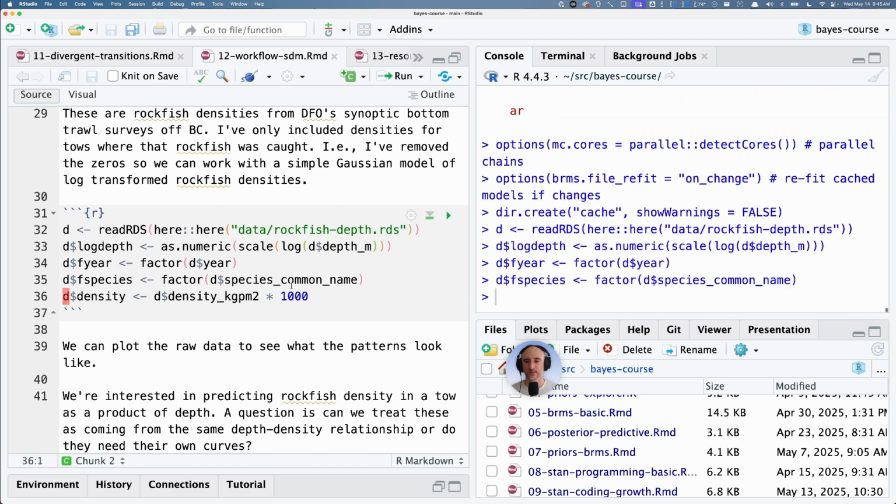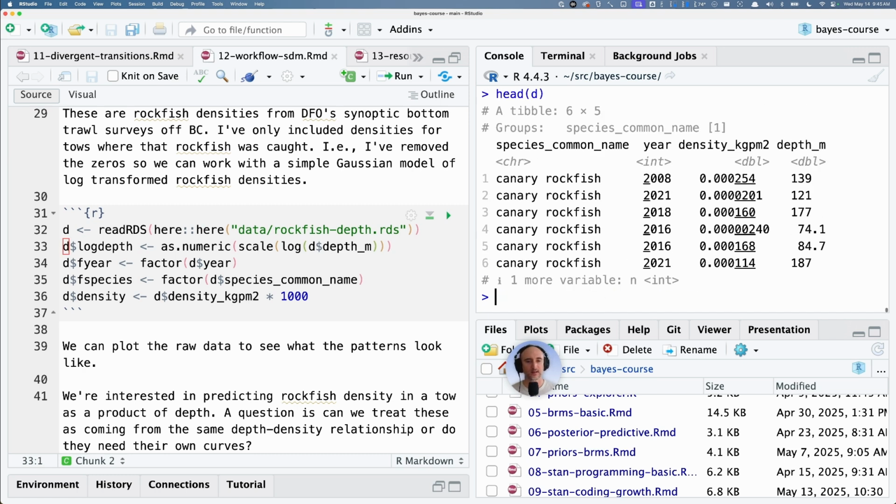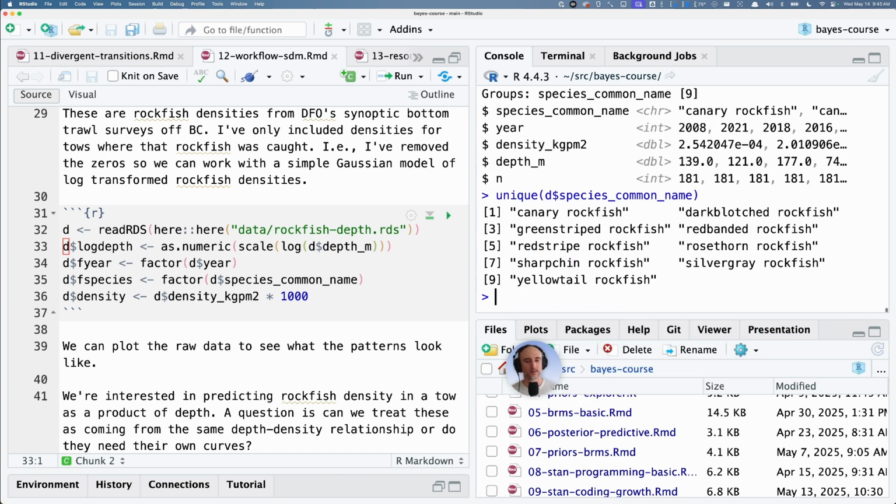So let's load the data. Actually, let me just read in the first line again. So if we use glimpse from dplyr, I've got just over 1,400 rows of data. I have a species name, and there are 9 species of rockfish that I've included.